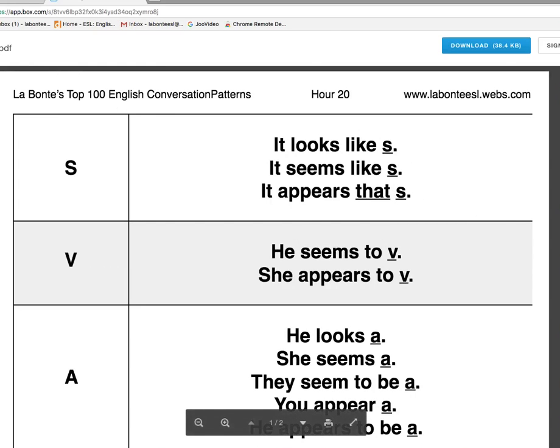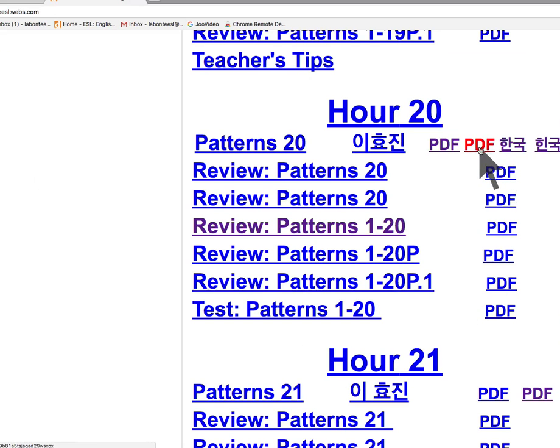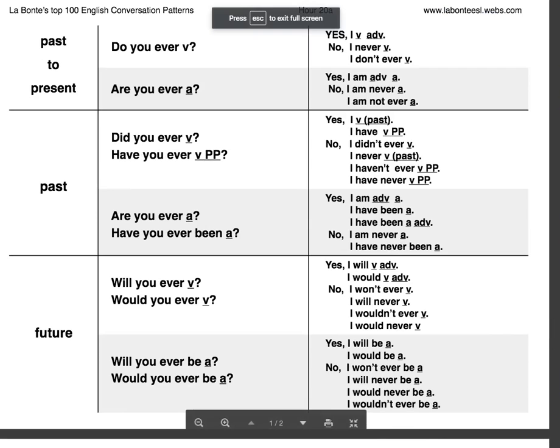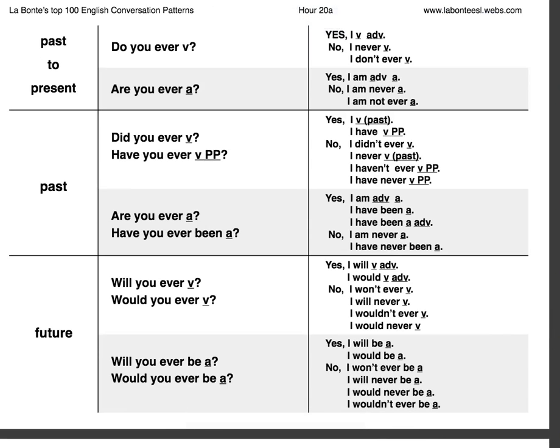The second PDF that you'll find in here is this. The reason I put this here is that I found that students, when I was teaching them, always seemed to get a bit confused when I asked questions with did you ever, do you ever, and will you ever.